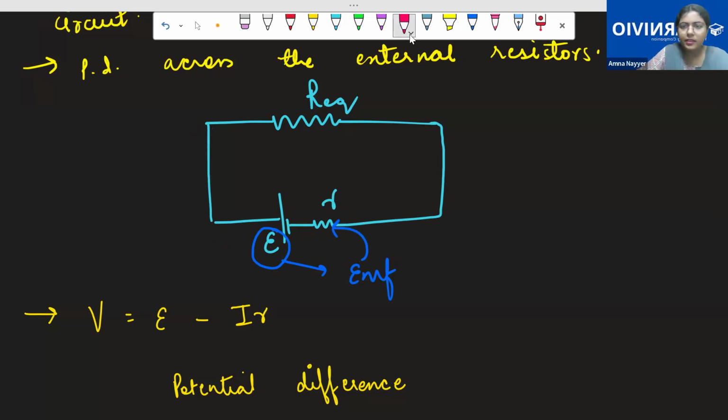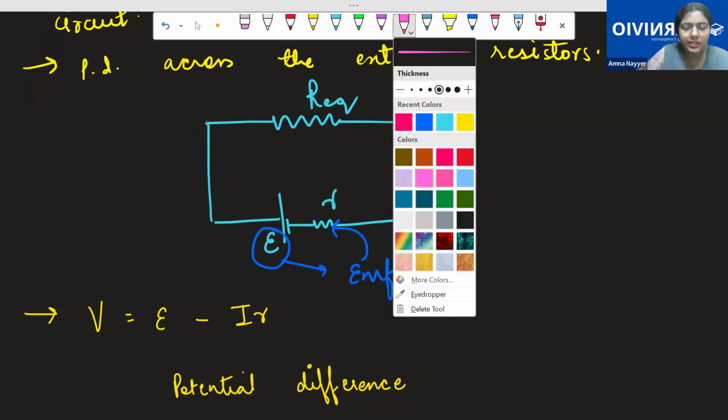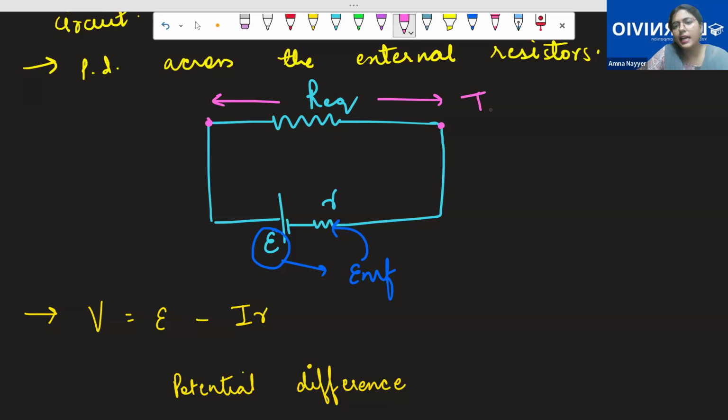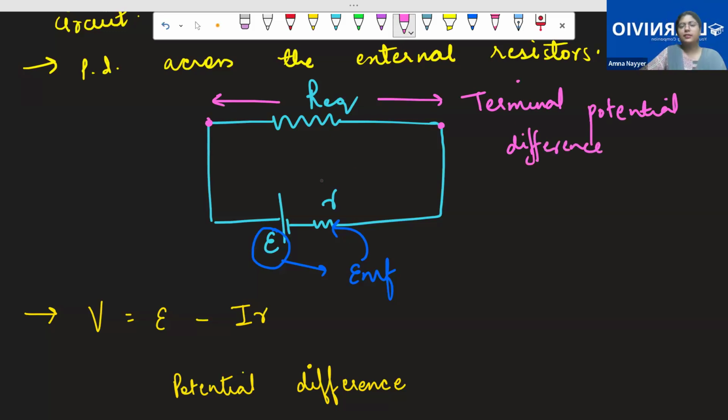While you will have this point here, whatever will be the potential difference, that will be the terminal potential difference across external resistor.